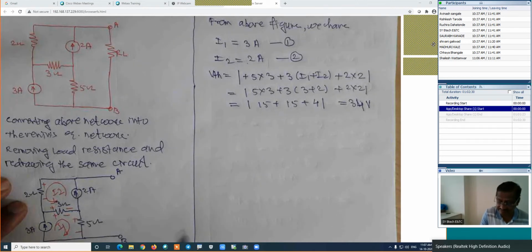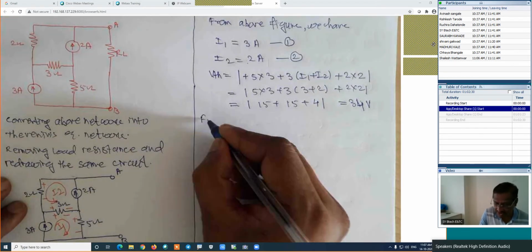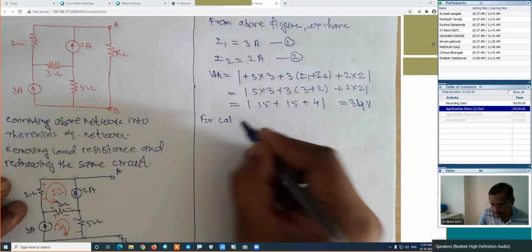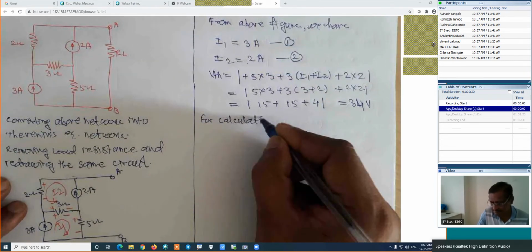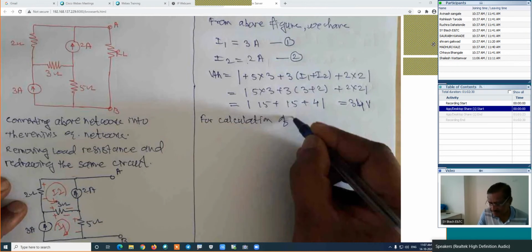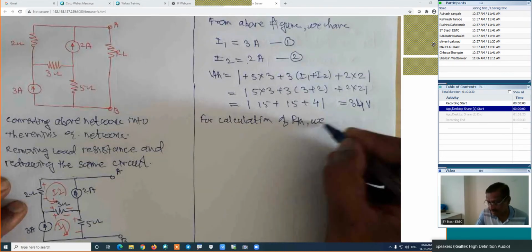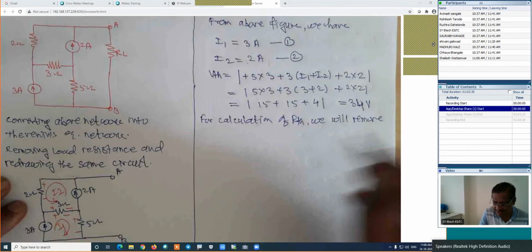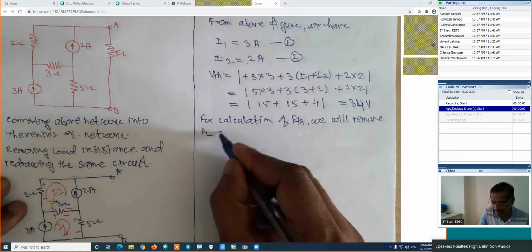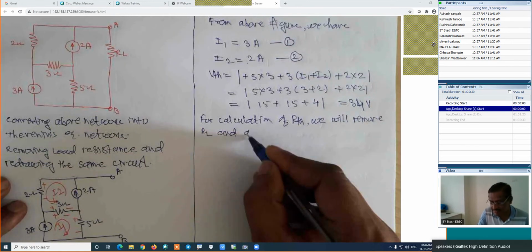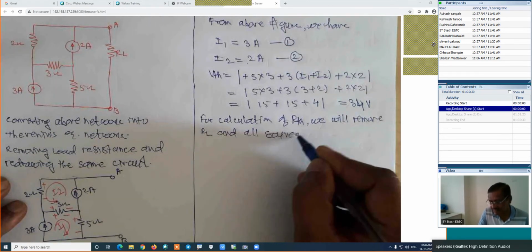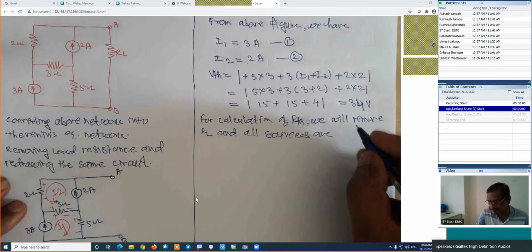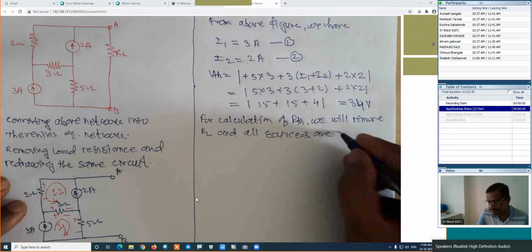I will write it first. For calculation of RTH, we will remove the load resistance and all sources are replaced by respective internal resistances.